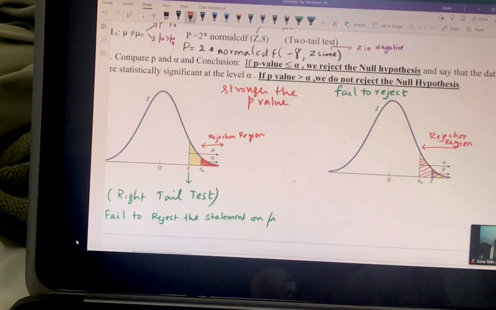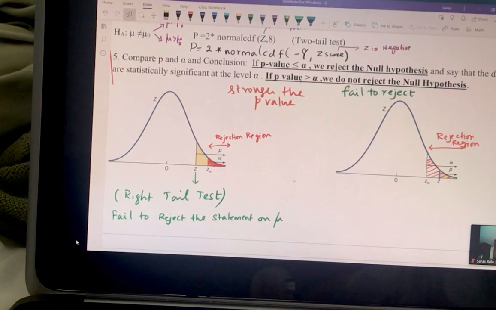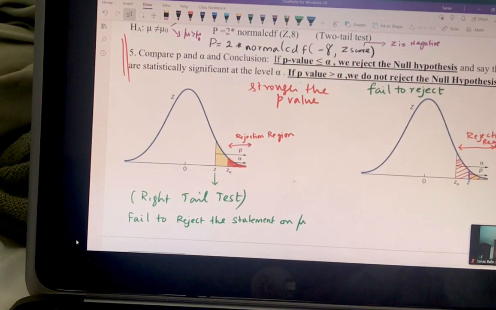So here you are seeing the scenario where your p-value is greater than alpha. So here the probability value, the p-value, is greater than alpha. The probability is bigger than alpha. All right.